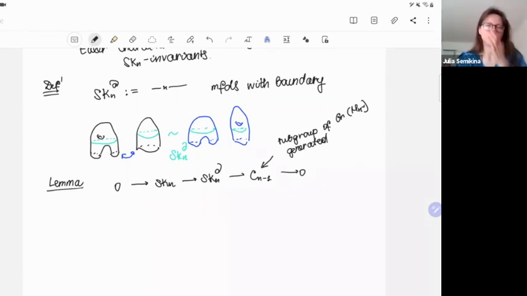For me, a manifold is always oriented, compact, smooth. So this is the subgroup of the Grothendieck group of (n-1)-dimensional manifolds generated by manifolds cobordant to the empty one, cobordant to zero.